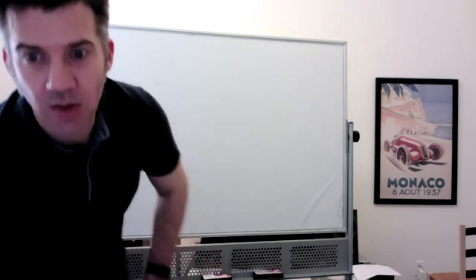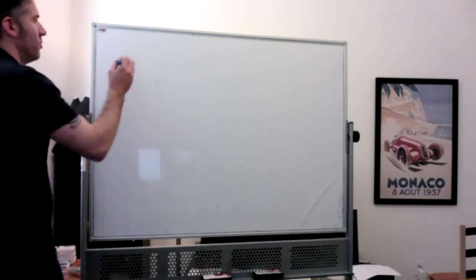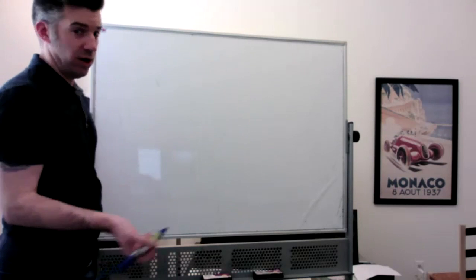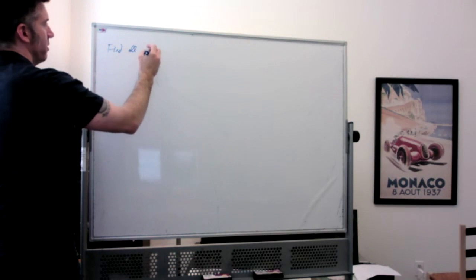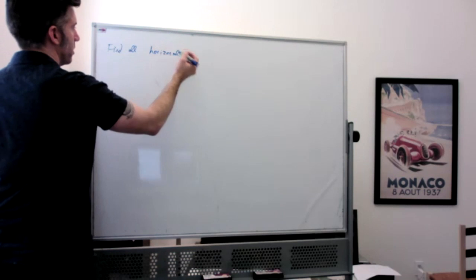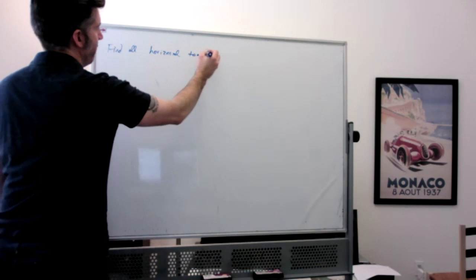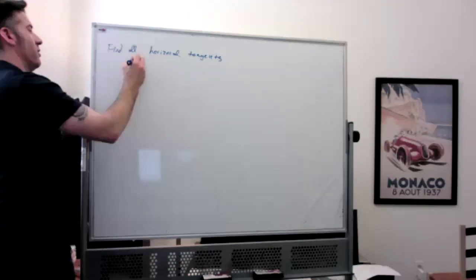Okay, so let's do this one. We'll ask the same question for the next two problems. I want to find all horizontal tangents. I should say, find all values of x where there is a horizontal tangent.